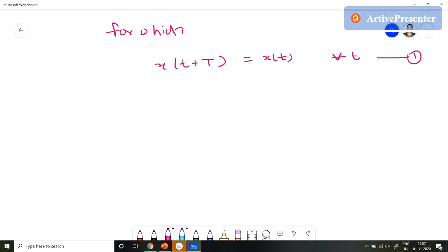So if this condition is satisfied for that positive value of T, then this is called a periodic signal.